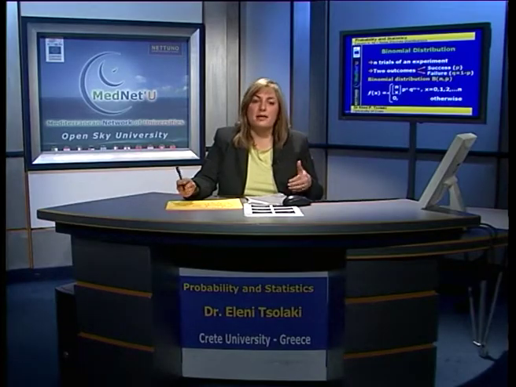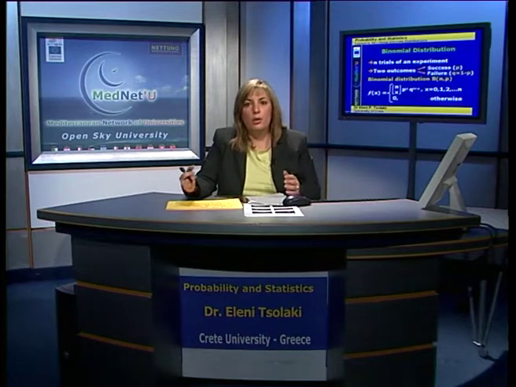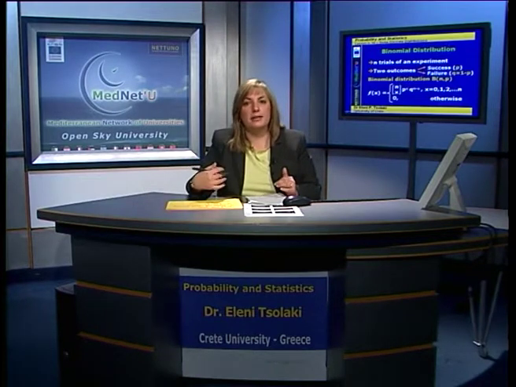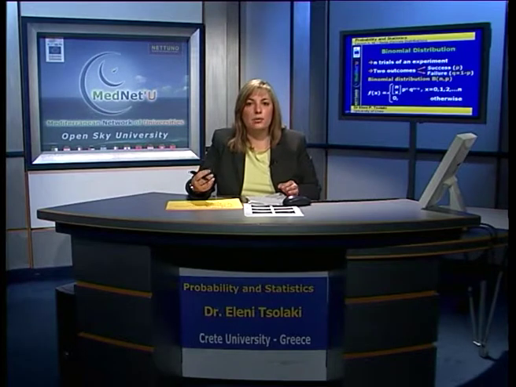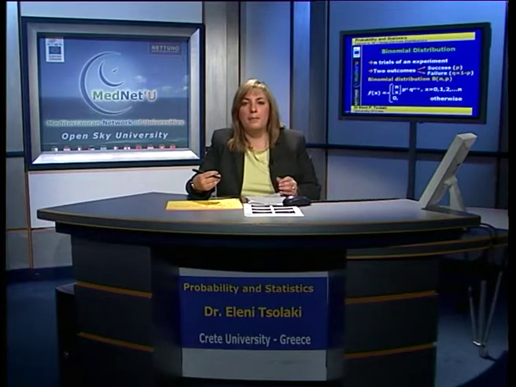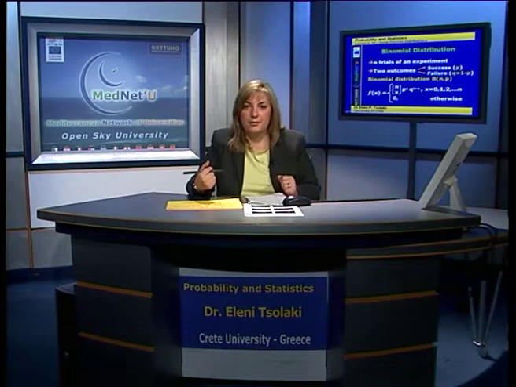So this is a very simple example when we can use the binomial distribution. We saw here we have independent trials of an experiment, and we're interested in the number of successes, in the number of tails that we observe.